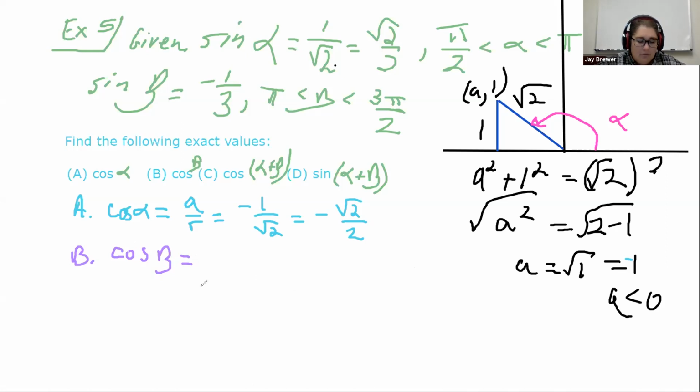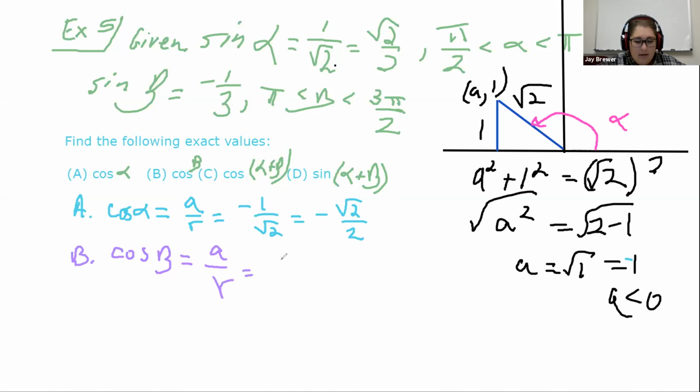Before we find cosine of beta, we have to do a pretty similar technique, right? All right. So I'm going to assume you guys know how to do that, and I'm not going to waste any extra time doing that. I am going to let you know what the beta works out to be. So again, it's going to be A over R.